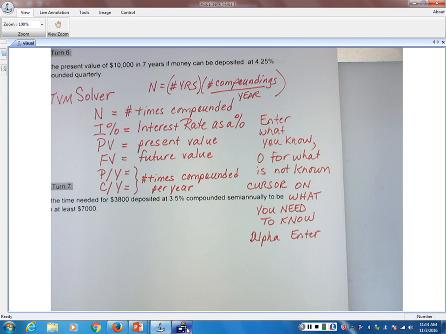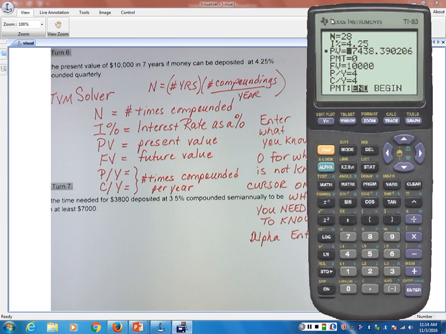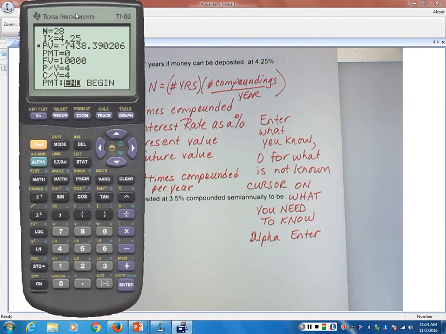Okay? So just to play around for a little bit here before we actually go on and finish, let's say the problem had instead given us the interest rate, the number of times per year compounded, but instead of asking for the present value, maybe they gave us a present value of, let's say, $10,000.